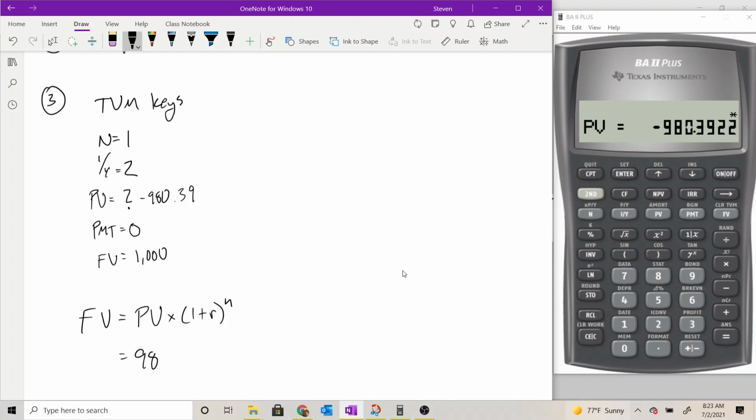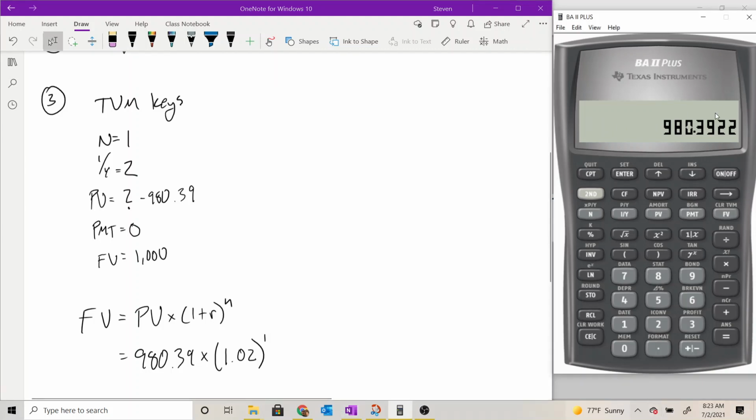So if we take that $980.39 and grow it by 2% so that the investor's wealth increases by 2% over the period of 1 year, let's see what we get when we do that. I'm going to use this more precise value that's on the calculator. I'm going to say times 1.02 equals, and we get exactly $1,000 back.